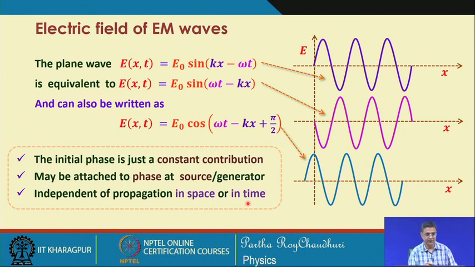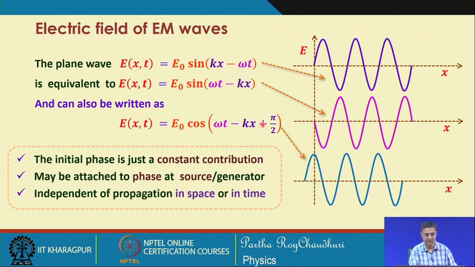For the plane wave E of x, t equal to E 0 sin k x minus omega t, we have started from here: at x equal to 0 the field is 0, and then it is increasing at t equal to 0, but we have plotted against x. So, this represents that there is an initial phase of pi, but both of them are representing the same wave.